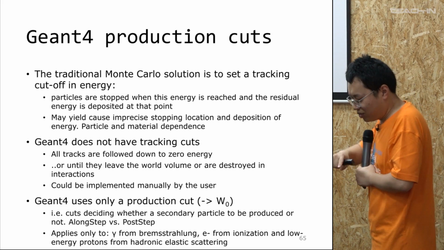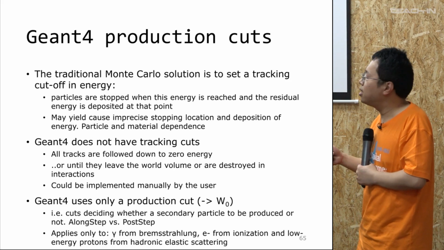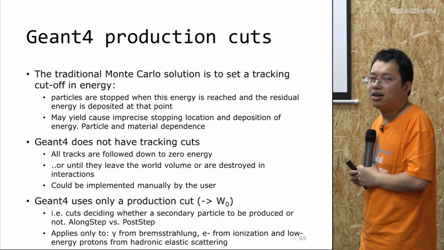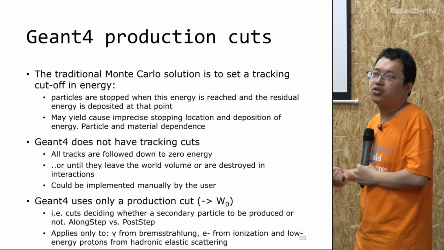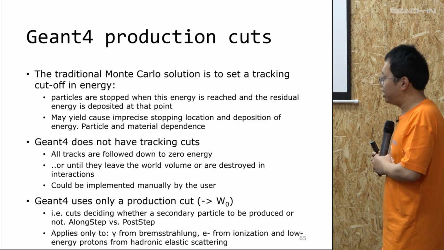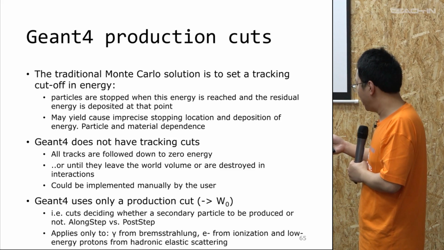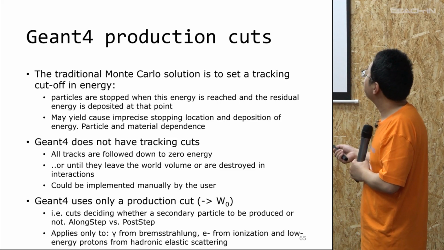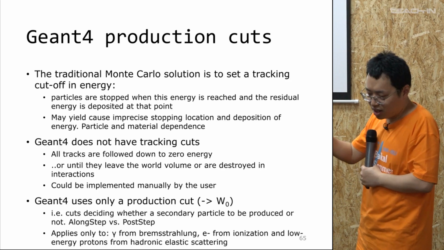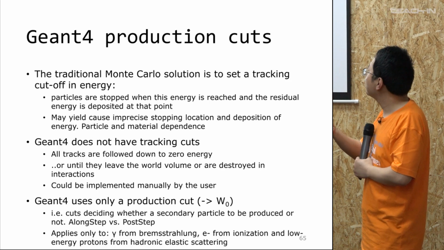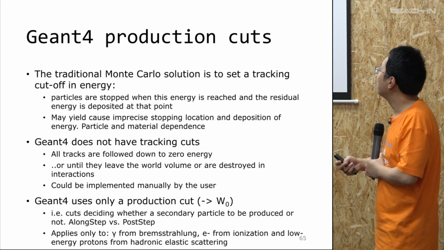And then when we do the simulation, one thing is that because the simulation can be time consuming, in a traditional Monte Carlo solution, if the particle's energy is lower than some threshold, we will just kill this particle.